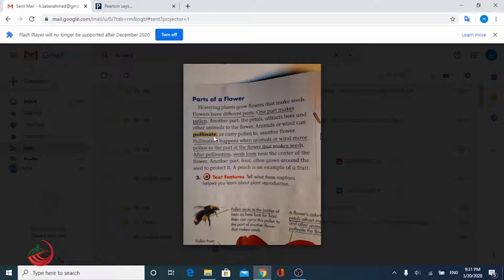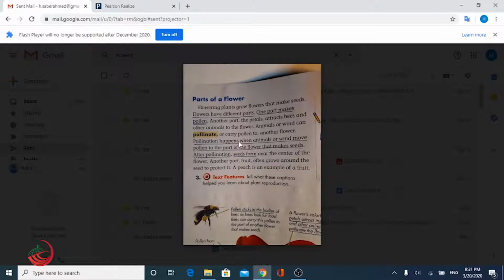Now the important word here is what? Look, pollinate. It's a verb from pollen. And we said before, if we don't know the meaning of a new word, you look just next to it. Maybe you will find the synonym. Yes, pollinate means carry pollen to another flower.